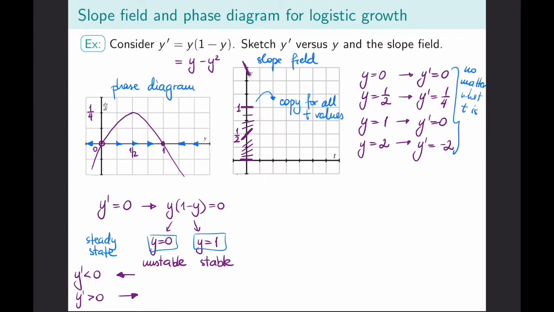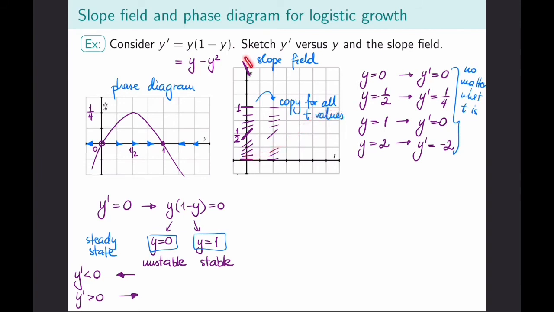And then I can think about what that means for what my solution curves will look like. If I start somewhere down here, my slope will be increasing. At 1/2, it will be the steepest it's going to be, and then it's going to decrease towards the flat point at the equilibrium at 1.